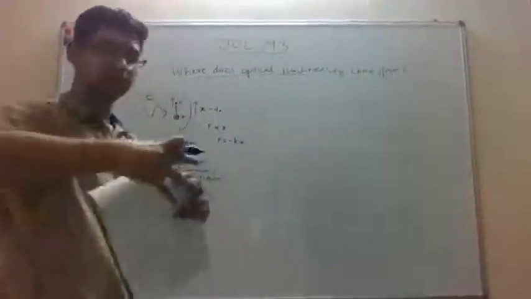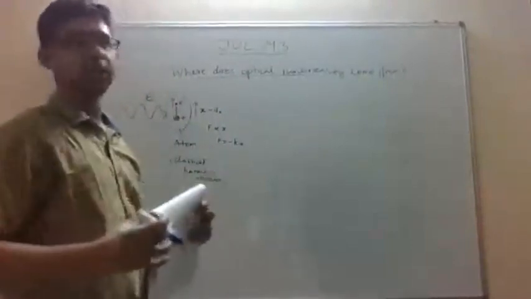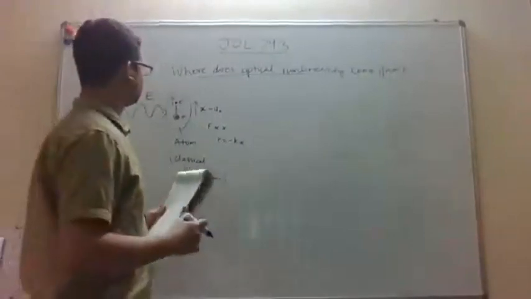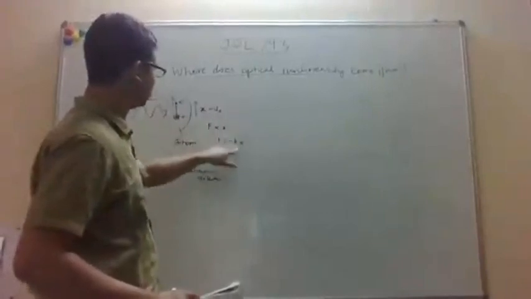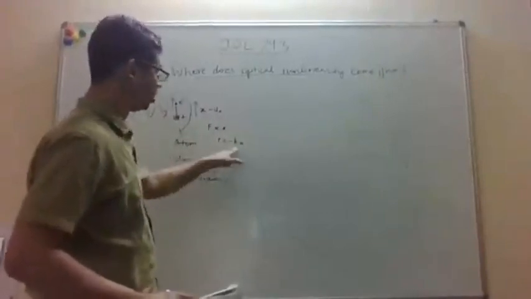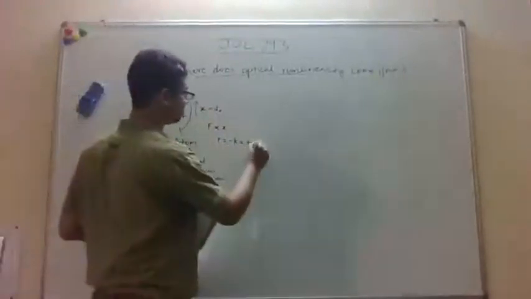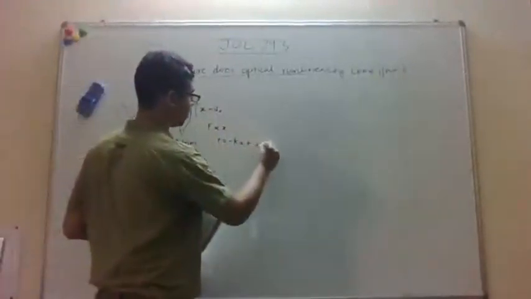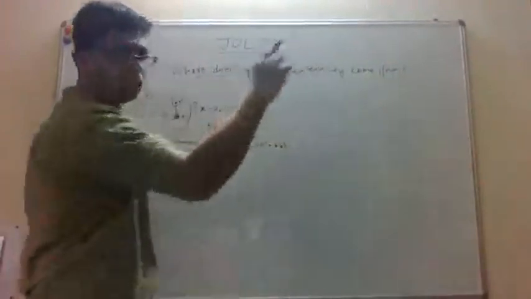So you're distorting the atomic cloud appreciably. Then you can imagine this restoring force is no longer harmonic. This relation does not hold, and maybe you start having some higher order terms once you distort it too much.